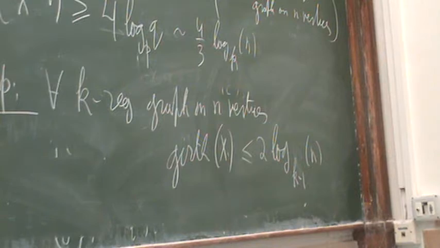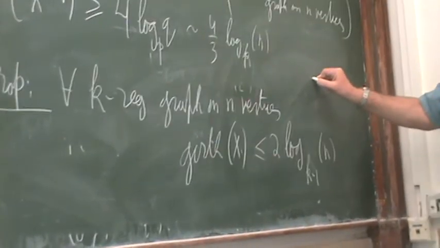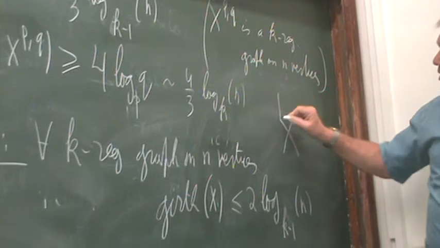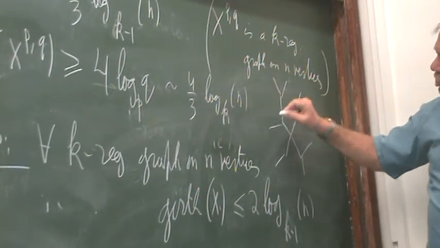Now, why is this proposition true? It is trivial. Let's say that you have a graph whose girth is G. What does that mean?